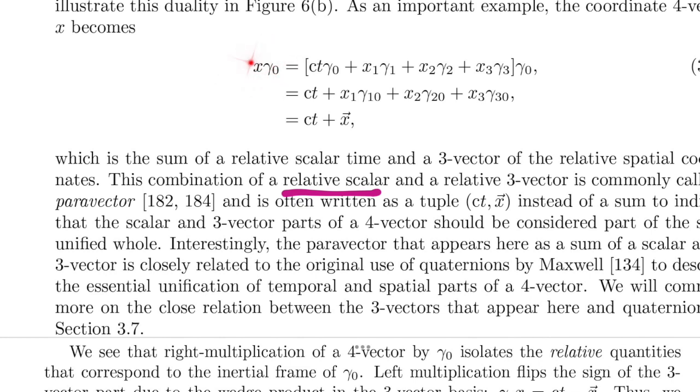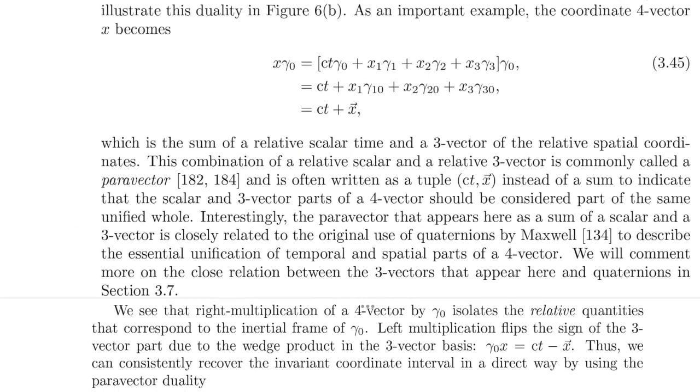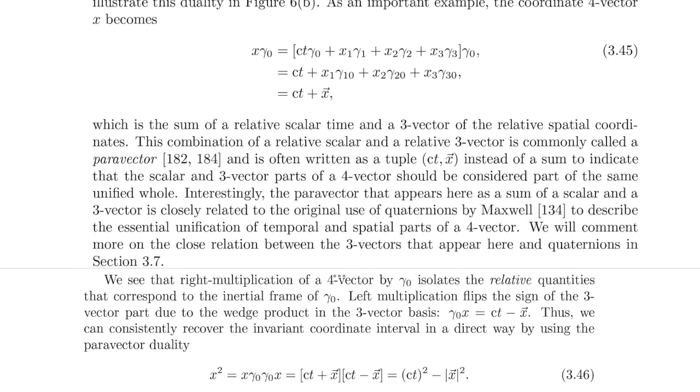If you take the space-time product of gamma 0 on the right with any vector, you're left with these two parts. And the scalar part, I guess we're going to call now a relative scalar. That's the word. So if you just saw an arbitrary scalar floating around your space-time algebra, it's probably not a relative scalar unless it's floating around inside a paravector, right? That might be the best way to say it.